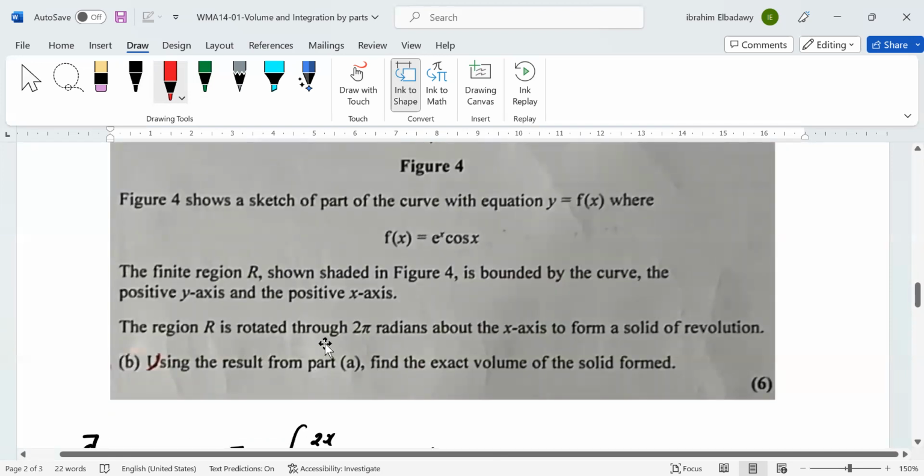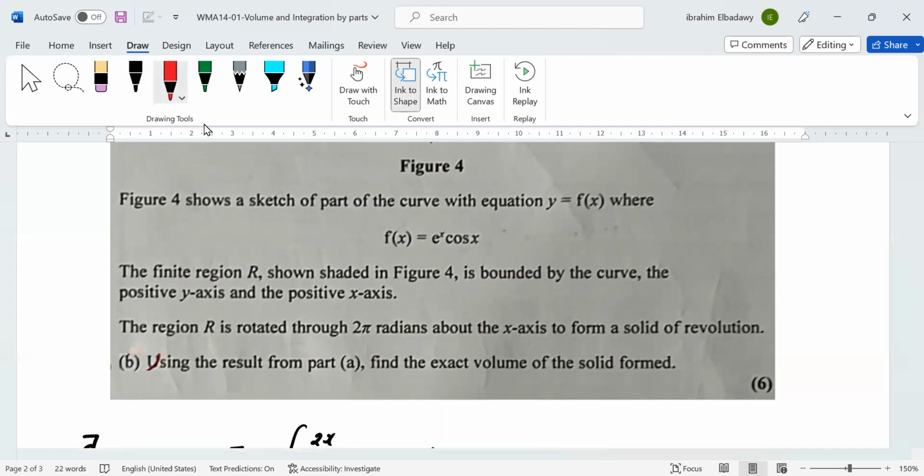The region R is rotated through 2 pi radians. So when you see anything rotate, he will ask you about the volume. Anything rotated by 2 pi or whatever pi, any angle he gives you, there is a volume here, about the x-axis to form a solid of revolution.